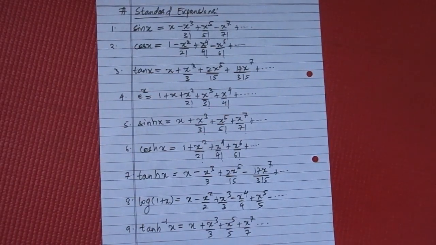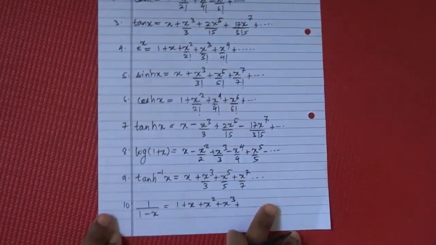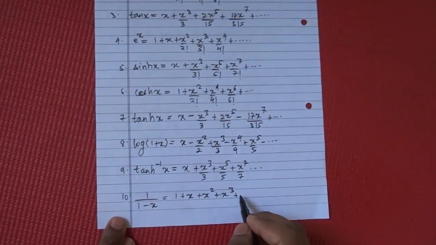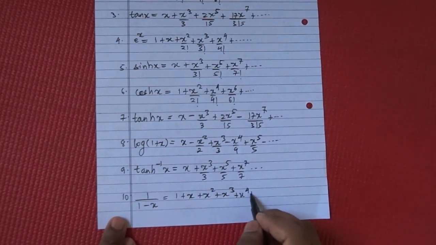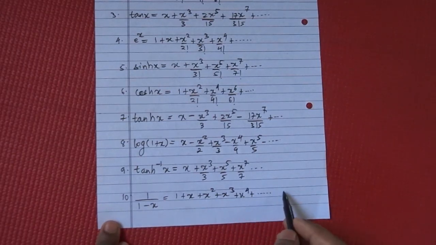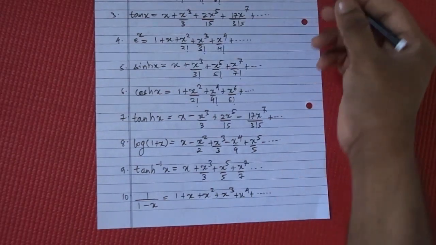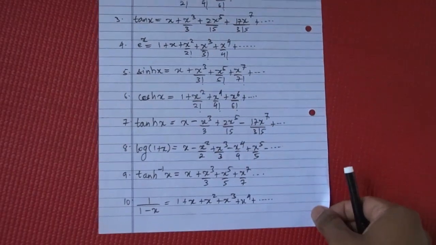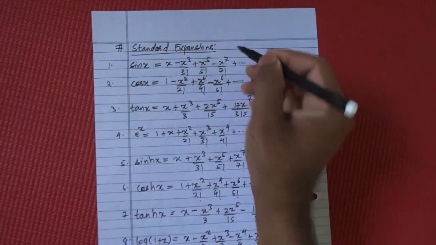Its series is given by 1 plus x plus x square plus x cube plus x raised to 4 up to infinity. So these are the standard expansions, and all these are Maclaurin series.